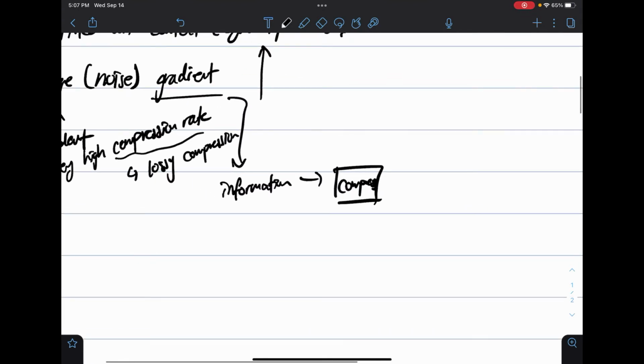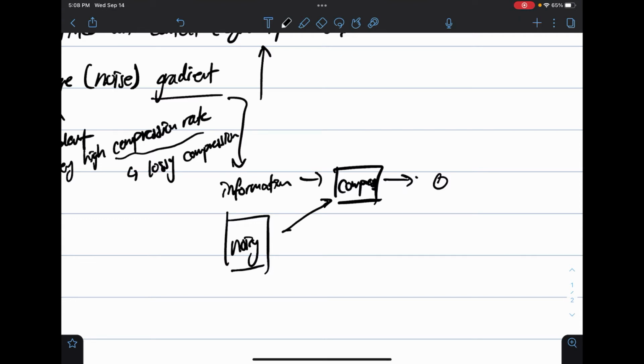If the information is just completely noise, as it gets noisier and noisier, then the compression algorithm is going to converge to zero, or it's not going to represent any other type of information. It's just complete noise.